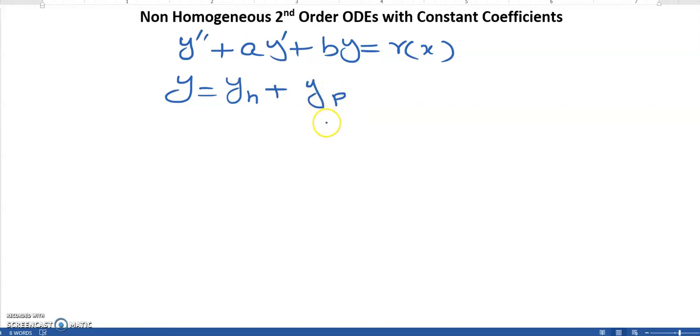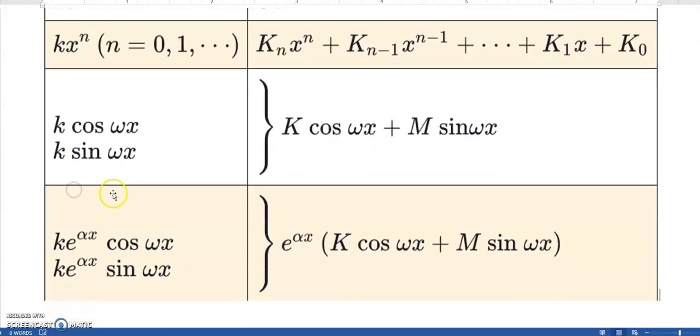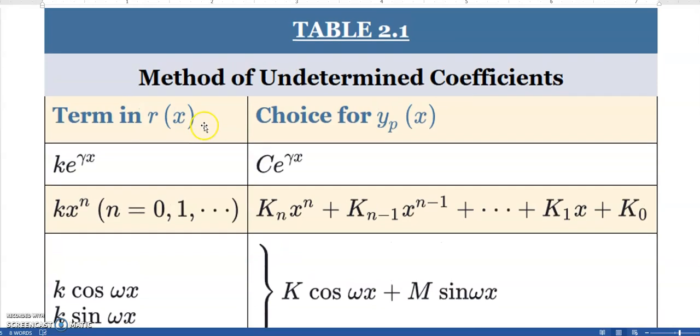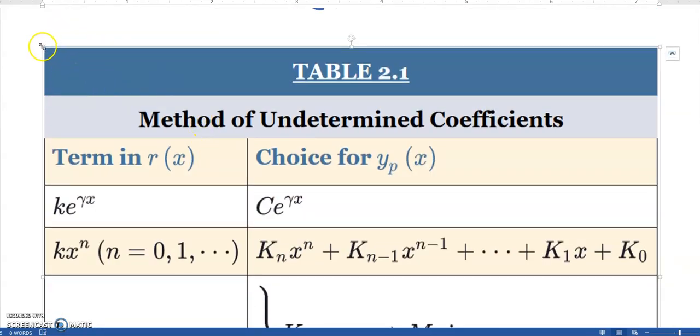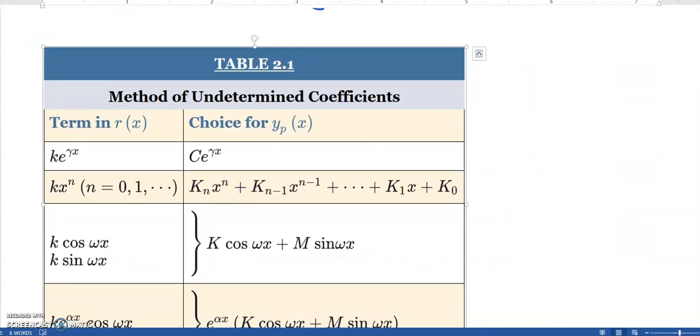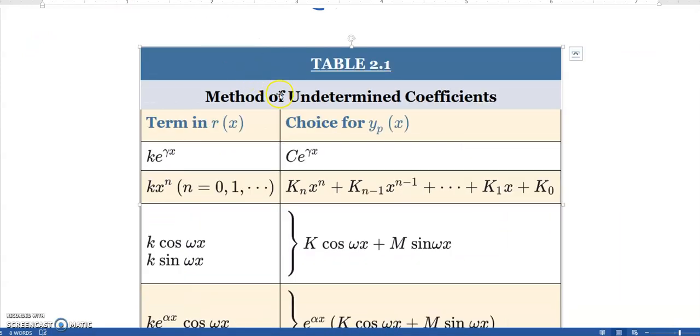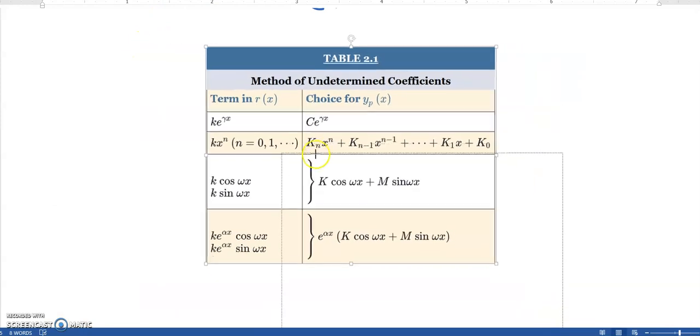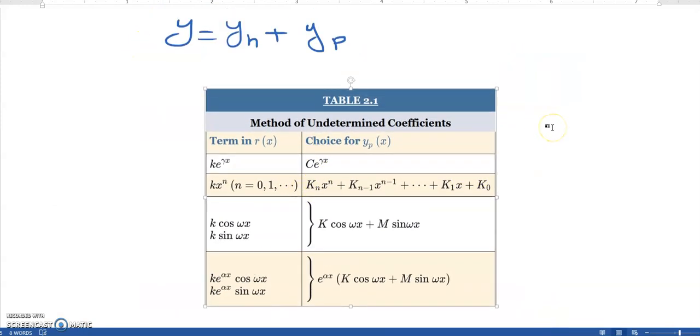So there are certain rules for the type of r(x) and the type of solution, and these rules are presented by table 2.1 in your textbook. Let me show it a little bit smaller so that it can fit on screen. Okay, so this is table 2.1.